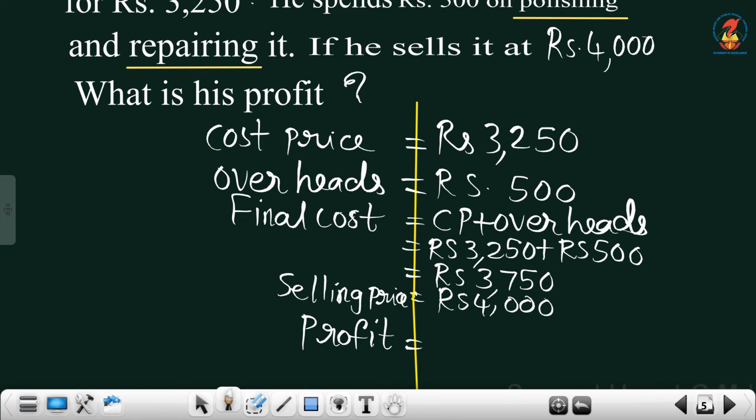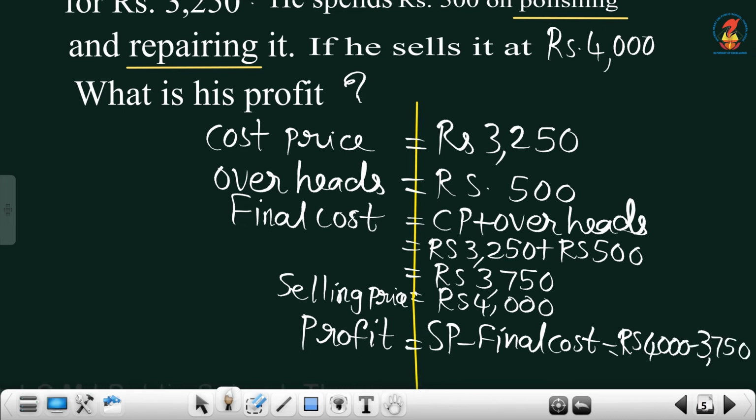Here selling price minus final cost. SP minus final cost. What is this profit? Rupees 4,000 minus 3,750. How much is his profit? That is rupees 250. Is it correct?